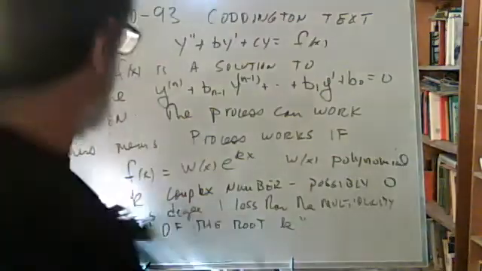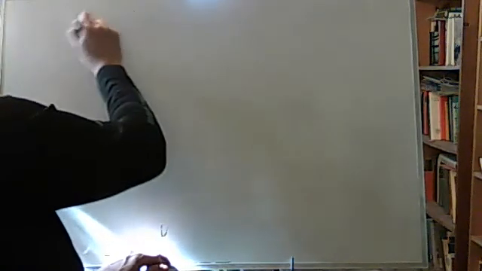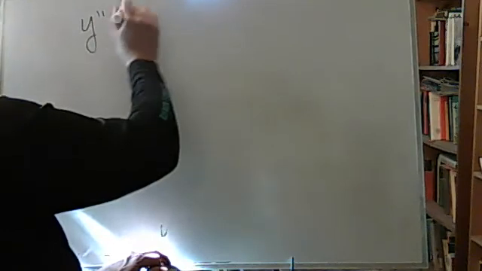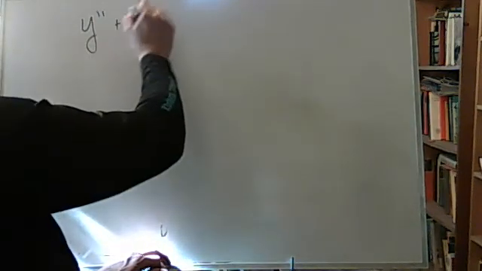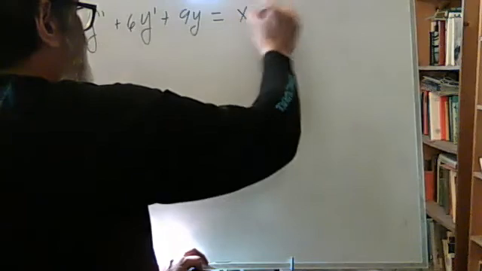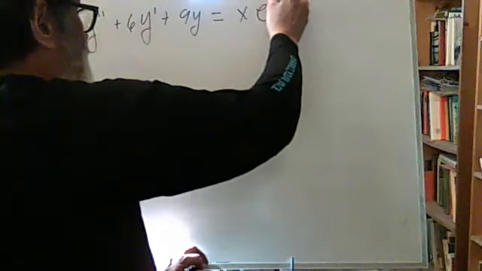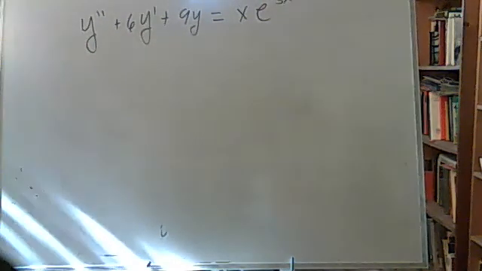For example, now I'm not going to do this one because this would take forever, but let's take a look at this sort of thing here. Let's take a look at y double prime plus, let's say, 6y prime plus 9y equals x e^{-3x}.